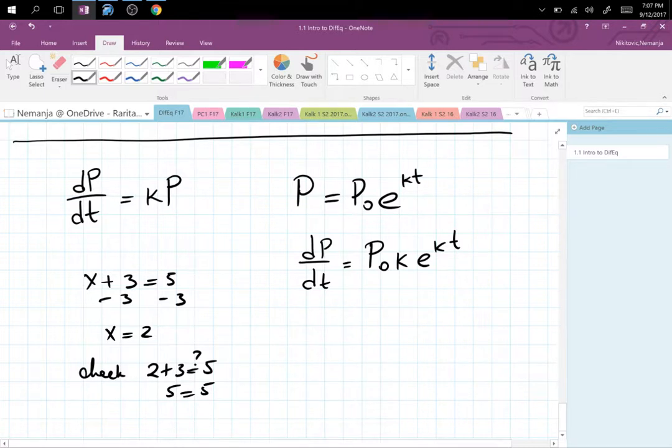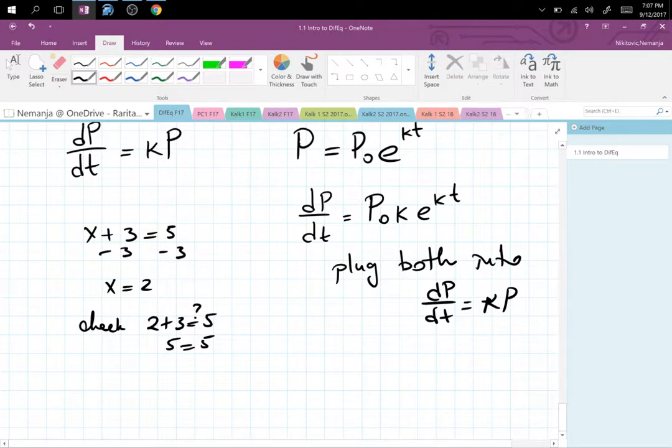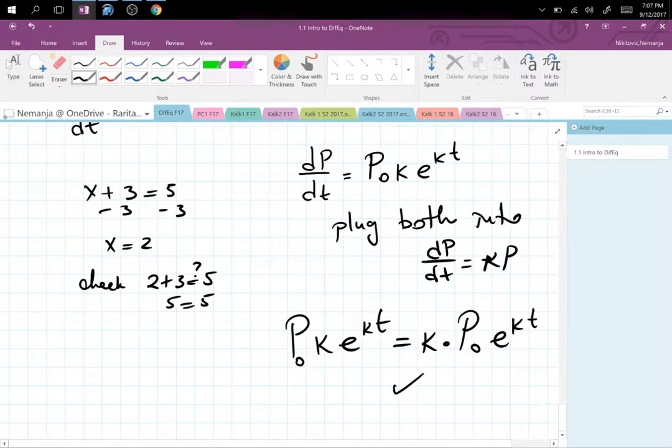And now you have these two things to plug in. So plug both into dp/dt = kp. Now, instead of dp/dt, I have p0 k e^(kt), which is equal to k times, and instead of p, I have p0 e^(kt). Do we see that the sides are equal? That's it.